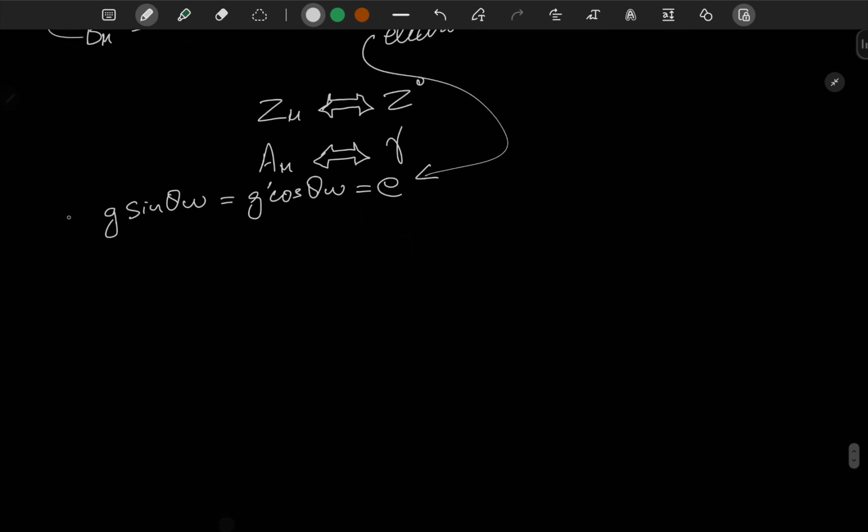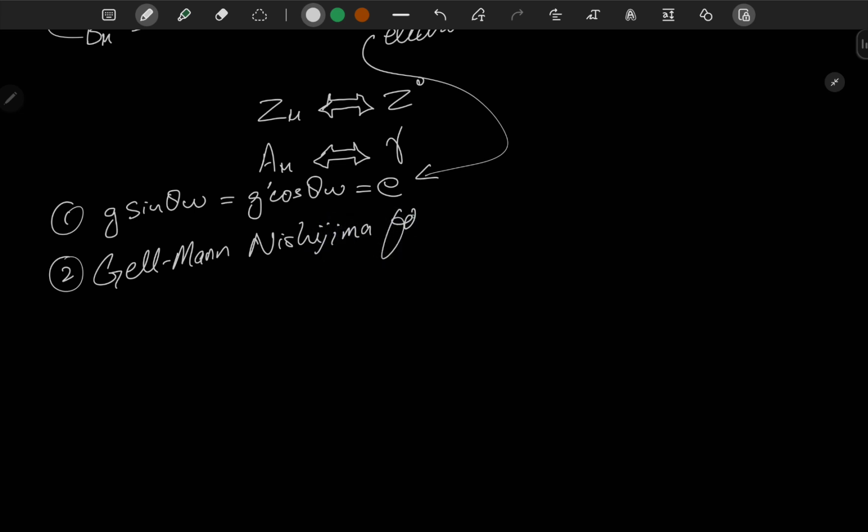And the second statement is the Gell-Mann-Nishijima formula: Y is equal to Q tilde minus T3.